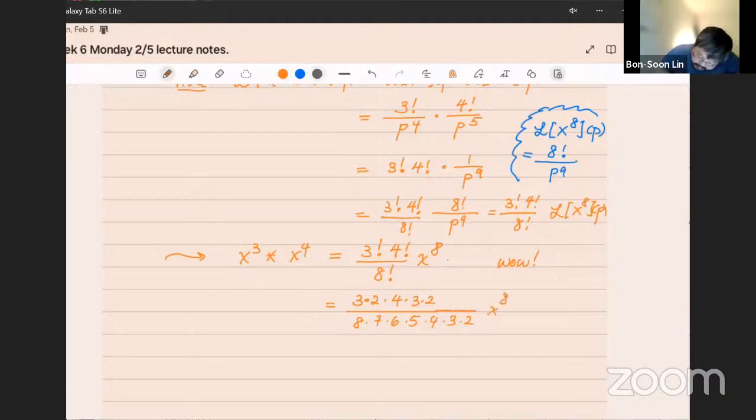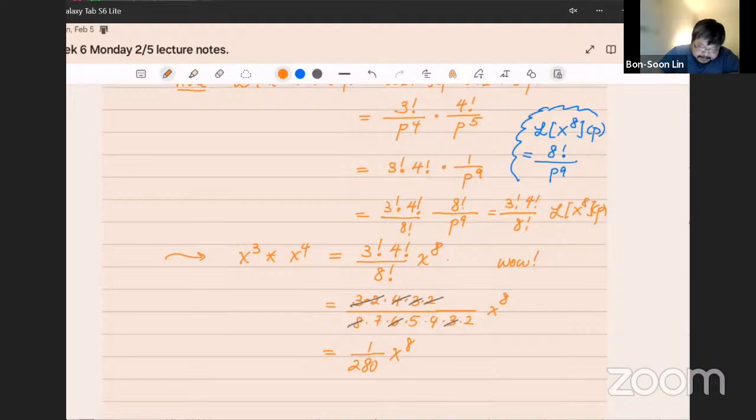What cancels? 3, 2, and 6, 4, 2, and 8, 3, and 3. 7 times 5 times 4 times 2. Is that 280? I think that's 280. This is 1 over 280. Sure, why not? You could also, of course, just leave it in the factorial. That's what it is. Okay.